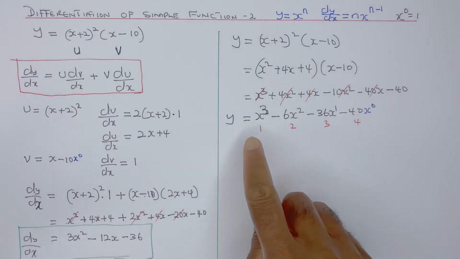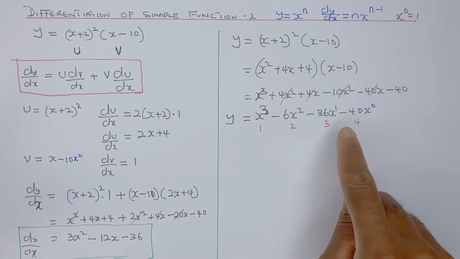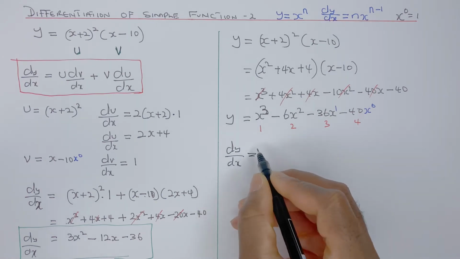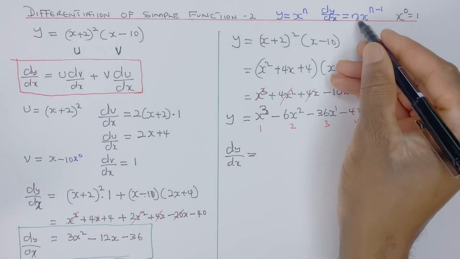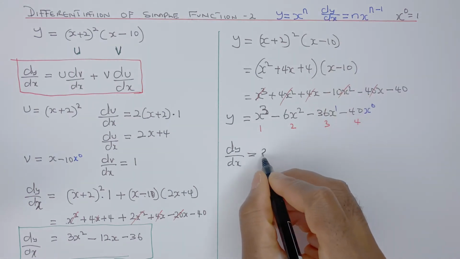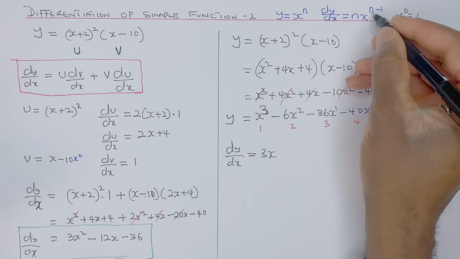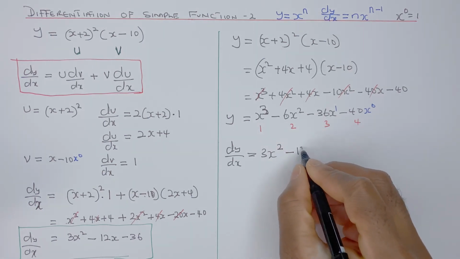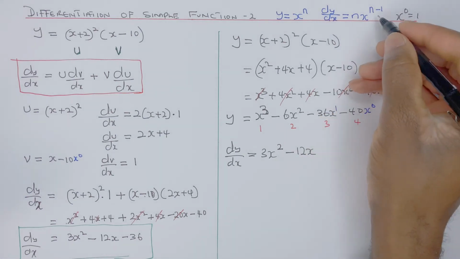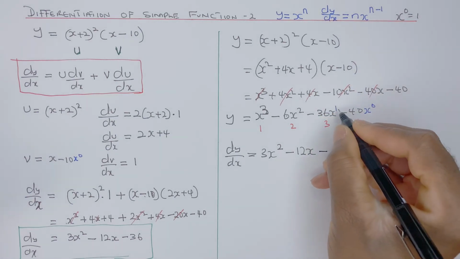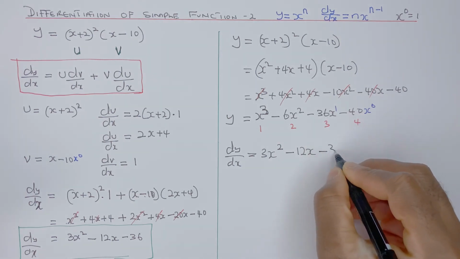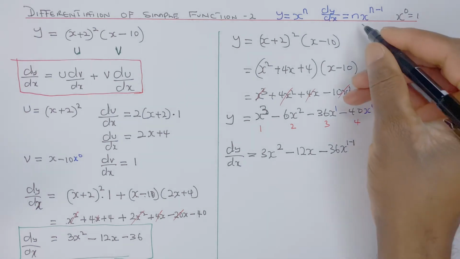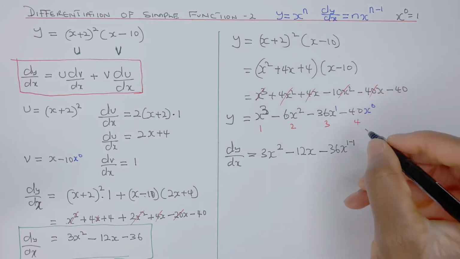Now to differentiate, we have to differentiate term by term. The dy/dx will be, bring the 3 down, so that'll be 3x to the power 3 minus 1, which is 2. Minus 2 times 6 will be 12x, 2 minus 1 is 1. Minus 1 times 36 will be 36, x to the power 1 minus 1. 1 minus 1 is 0, and x to the power 0 is 1, but I'll leave it there.